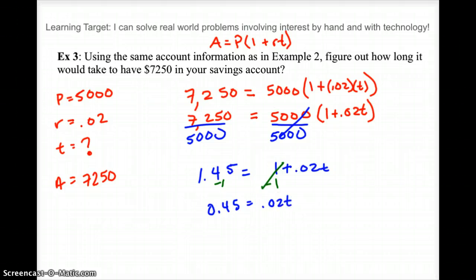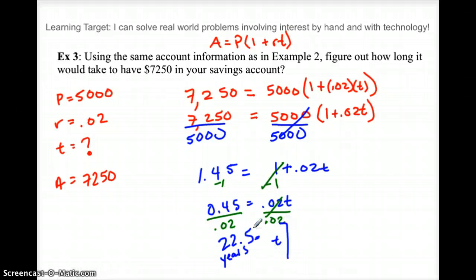And then the last step to get rid of that 0.02t, well, just simply divide by 0.02. Okay, so t is going to equal that division, 0.45 divided by 0.02 is 22.5. So it's going to take me 22 and a half years to get $7,250 in my account. Yikes, that seems like a long time.